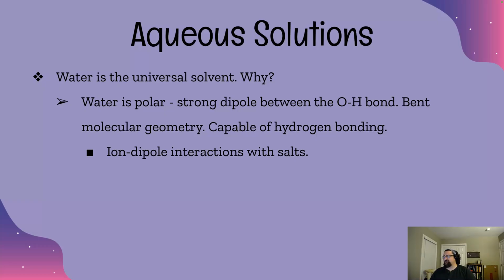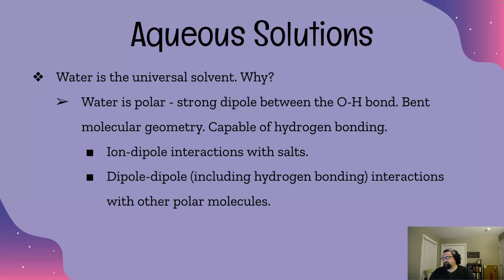We call this the ion-dipole interaction, which is very clearly that the ion in salt, in this example the sodium or the chloride, is going to directly interact with that dipole, that slightly positive or slightly negative part of water. And then it interrupts that dipole-dipole interaction.